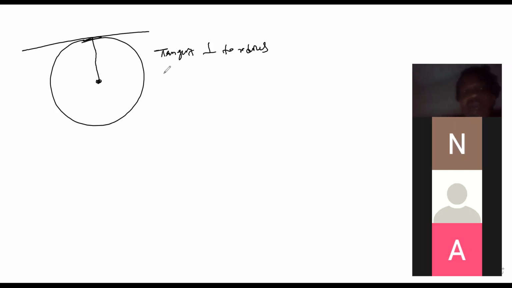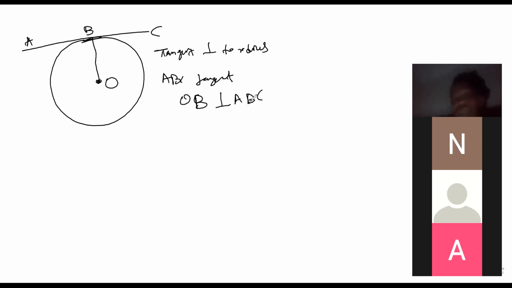They tell you that ABC is a tangent, and therefore OB is perpendicular to ABC. If ABC is a tangent, therefore OB is perpendicular to that.